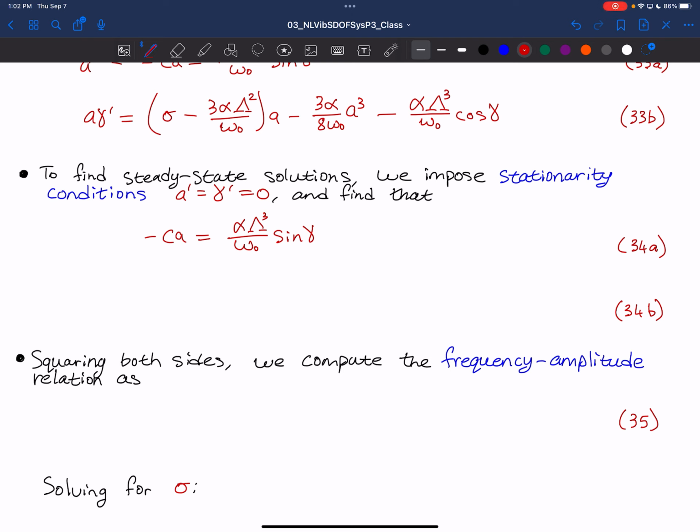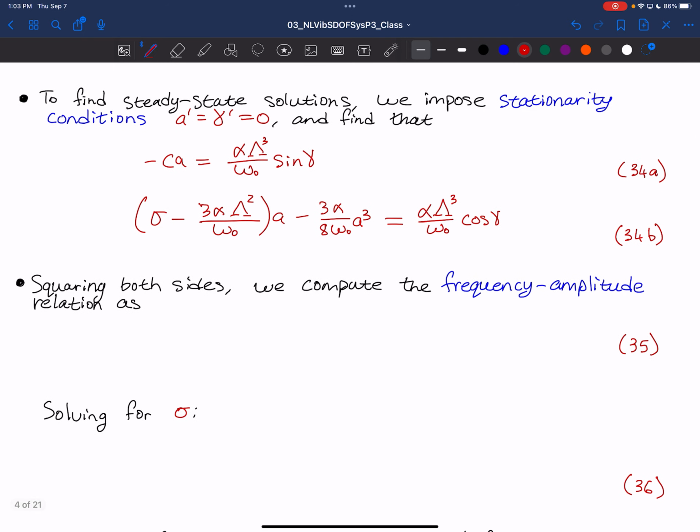And then in the second case, we'll get sigma minus 3 alpha lambda squared over omega 0 times A minus 3 alpha over 8 omega 0 A cubed. This is then equal to alpha lambda cubed over omega 0 times the cosine of gamma.